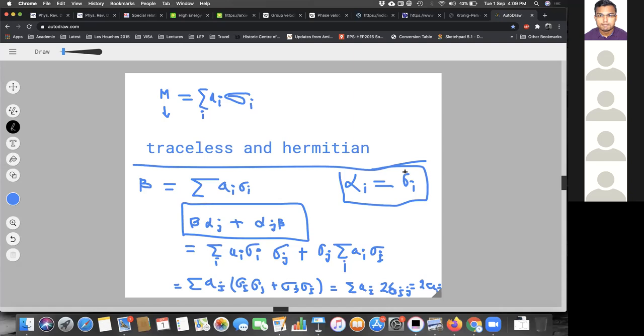It's true in a sense that you have only three linearly independent matrices and you took all of them already, right? Is that clear?